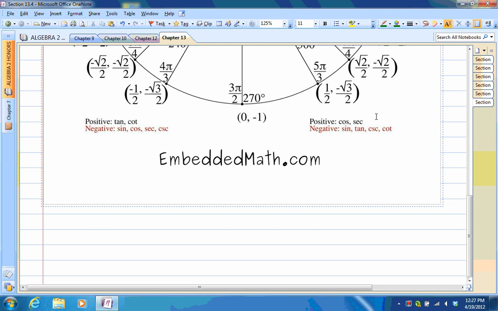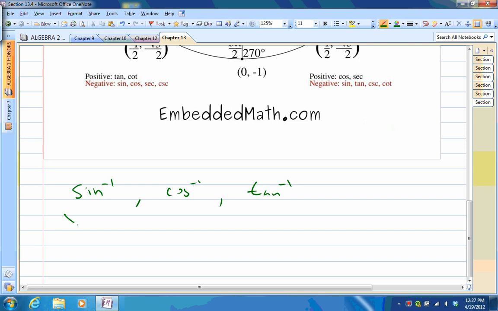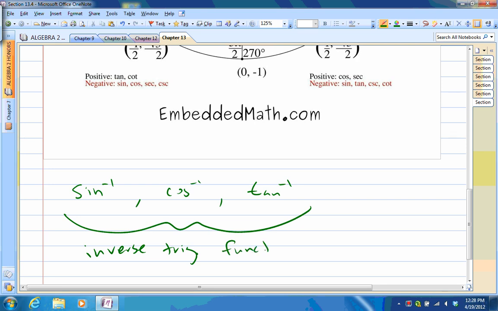There are three inverse trig functions we're going to look at. There's sine -1, cosine -1, and tangent -1. These three right here are called inverse trig functions.